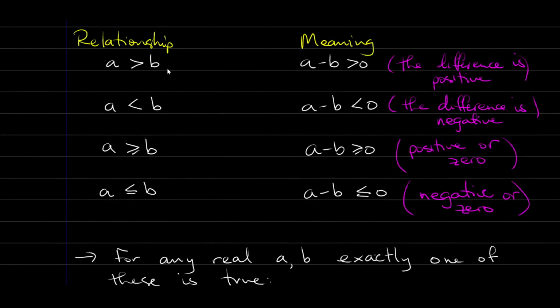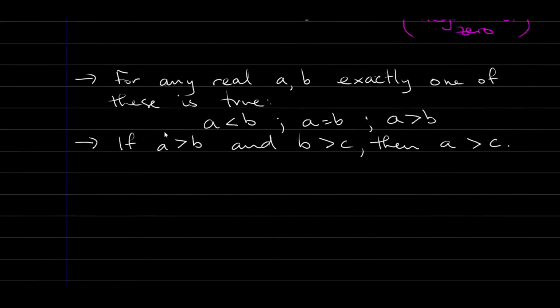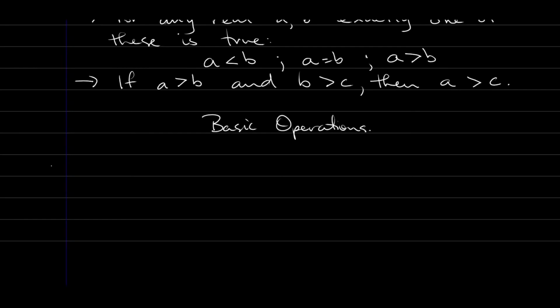Okay? And then let's look at some basic operations. So we understand the meaning of what each of these symbols are, and we understand some rules that have to take place, so let's go ahead and look at some basic operations. The first one that we can see is, let's say for instance you have x is greater than 2.